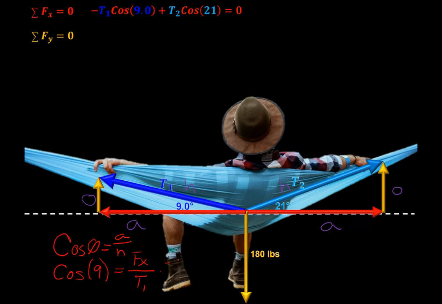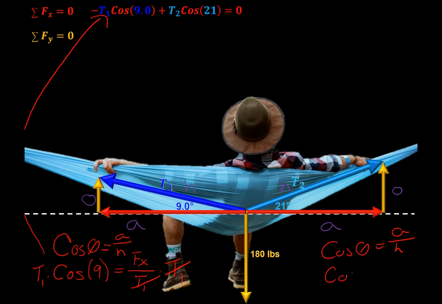Then we just moved force of tension 1 to the other side. We did the exact same thing over here. Cosine theta is adjacent over hypotenuse. Our theta is 21, our adjacent is our force in the X, and our hypotenuse is tension 2.